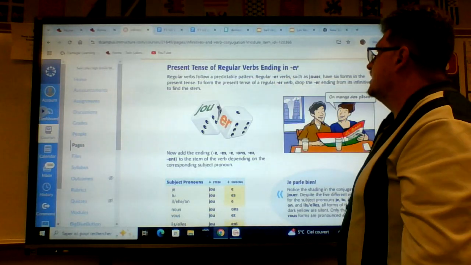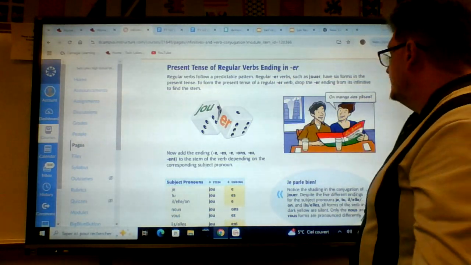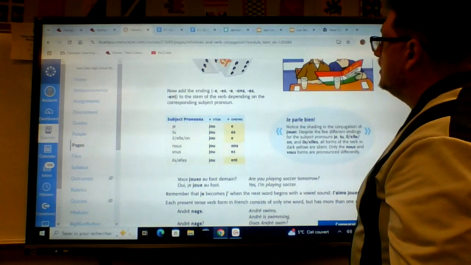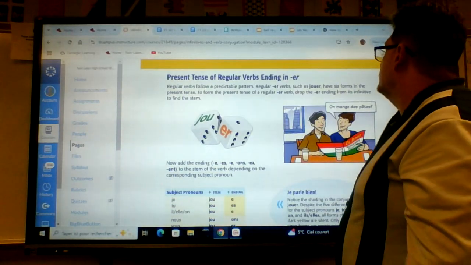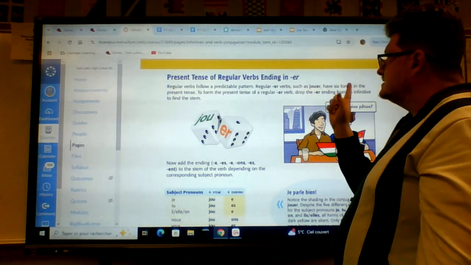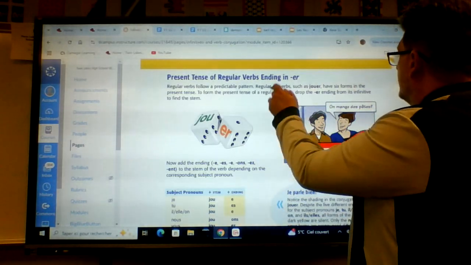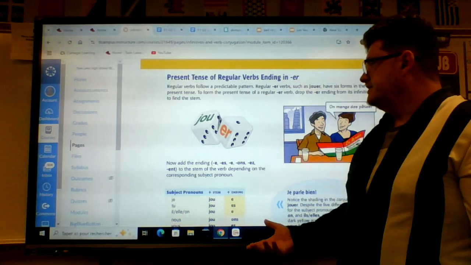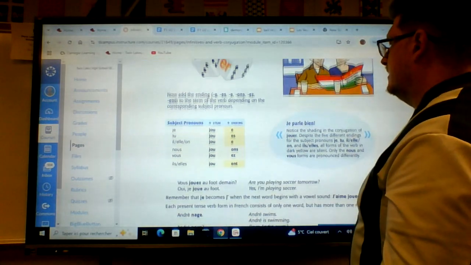The present tense of regular verbs ending in ER is what we're talking about. So we already know that when you conjugate, there are 6 forms. To form the present tense of a regular ER verb, you drop the ER ending from its infinitive and find the stem. And that's what's happening here.